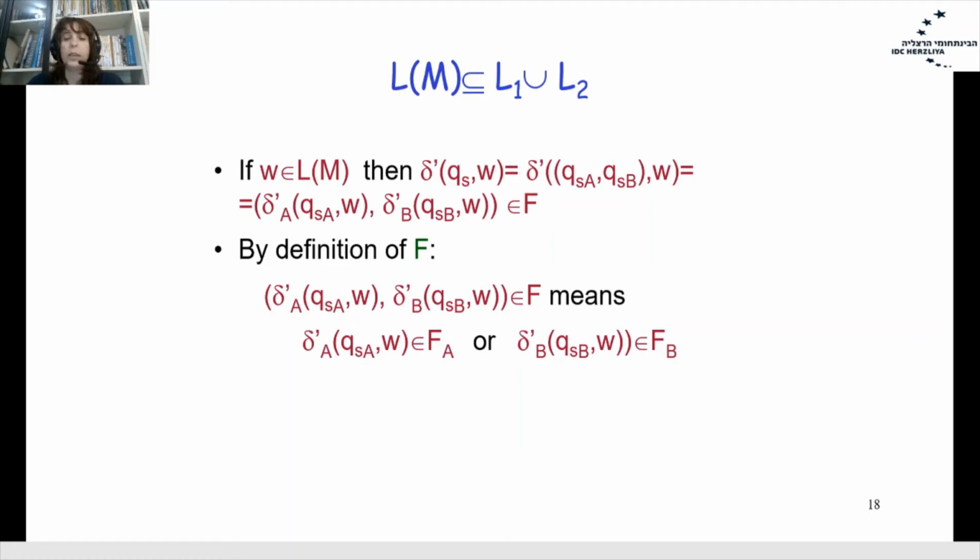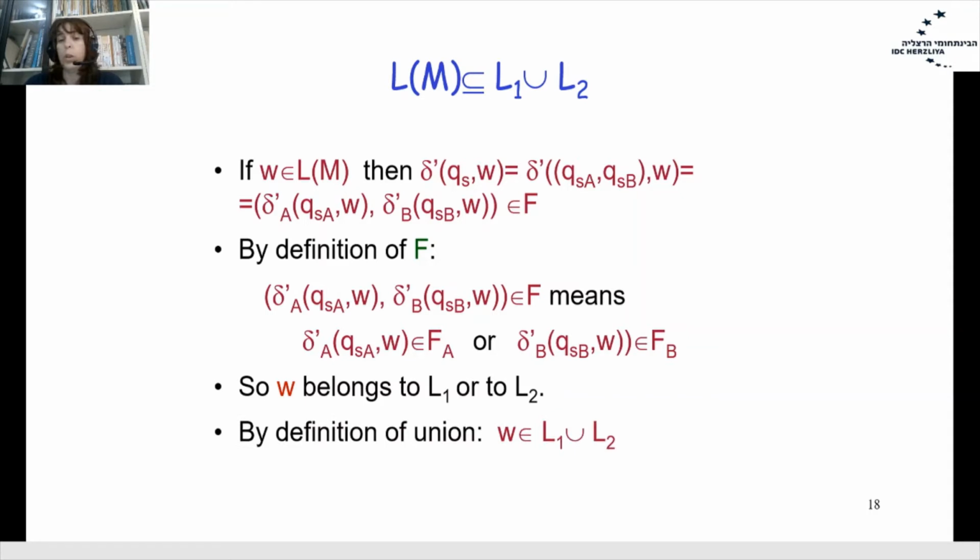By definition of the accepting states of the automaton M, we have either delta cap A of QSA, W belonging to FA, the accepting states of the automaton A, or we have delta cap B of QSB, W belonging to FB, some accepting state in automaton B. Therefore, we have a word W belonging to L1 or belonging to L2.